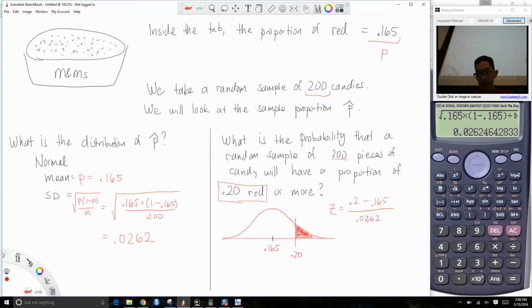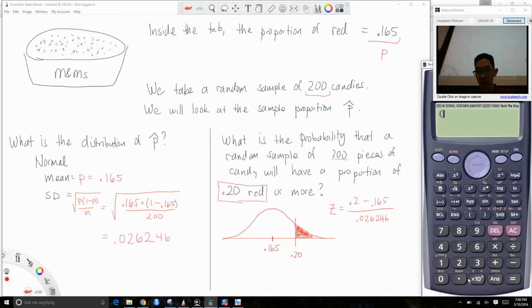I guess I could keep a few more decimals here. When I punch this into my calculator, I type in 0.2 minus 0.165, parentheses, and then I just hit divide by the answer, because the answer that was in the calculator was the standard deviation that was already in there. So I don't have to retype all of these numbers. And this gives me a z-score of 1.33.